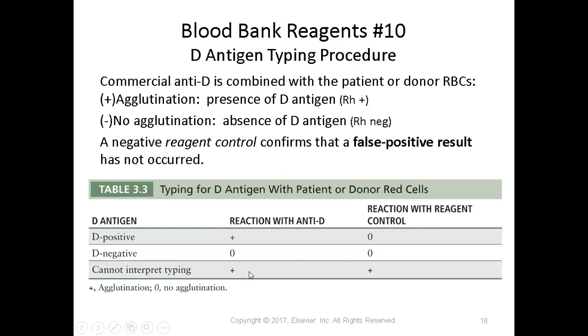We don't know if this patient is Rh positive or not because they're reacting with the diluent, and that could be the cross-reactivity or the carryover that we're seeing here in the D tube. Okay, so what do we do in a case like this? Most often, a lab will then go to a different anti-D formulation that maybe uses a lower percentage of albumin as the diluent, and maybe that cross-reactivity disappears.